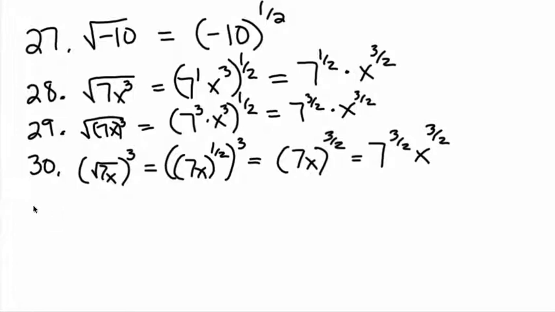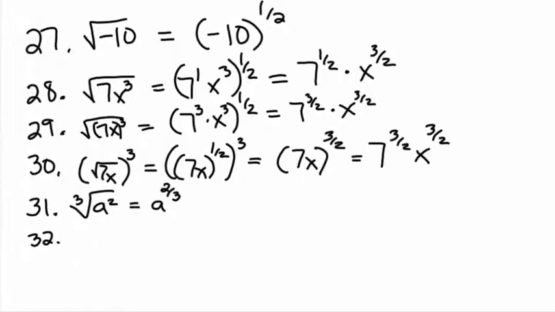Number 31 is a little bit more straightforward. I think you'll find the variable problems tend to be a little bit more straightforward. So I have cube root of a squared, and that's just going to be a to the 2/3. 32.